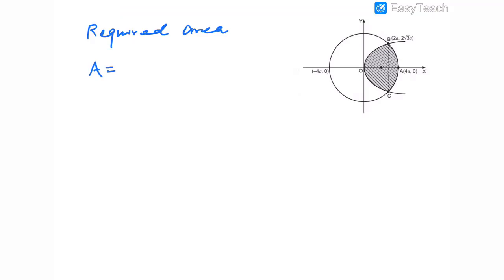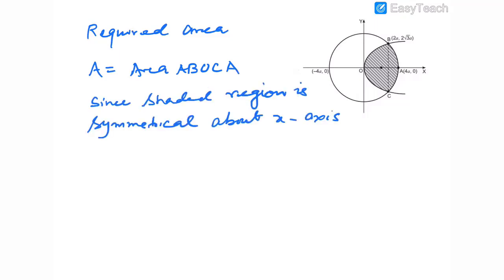Therefore, we have to find the area of this shaded region, and this is the required area, which is equal to the area ABOCA. Since the shaded region is symmetrical about the x-axis, we can write 2 times the area ABOA.